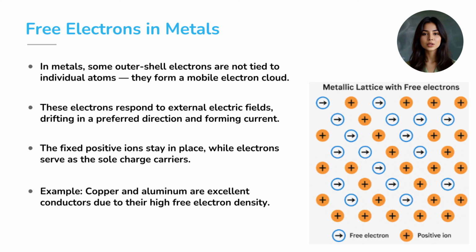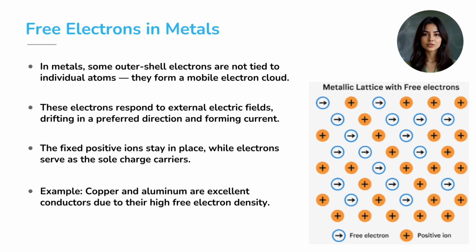Let's take a closer look at metals. In materials like copper, the outer electrons of each atom are not tightly bound. These electrons break free and form a mobile cloud inside the metal. When we apply an electric field to this metal, the free electrons start to drift in the opposite direction of the field.